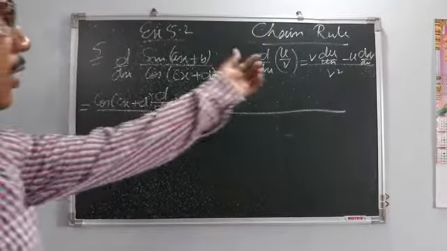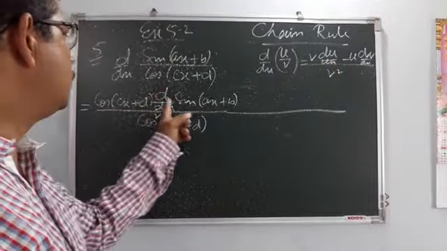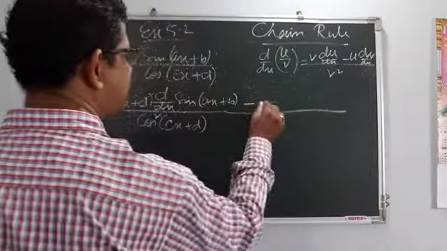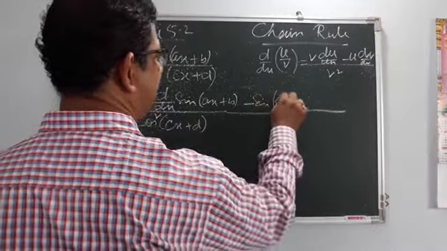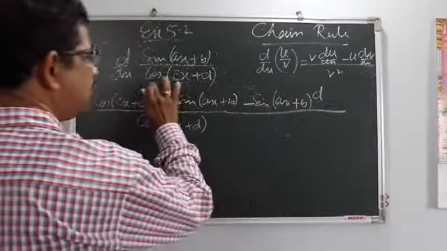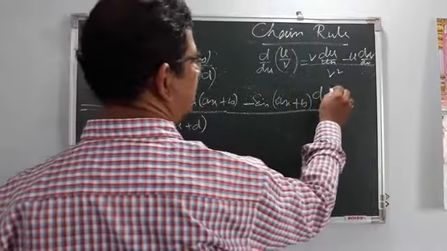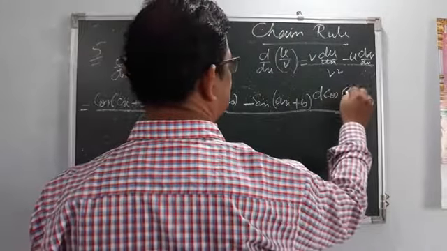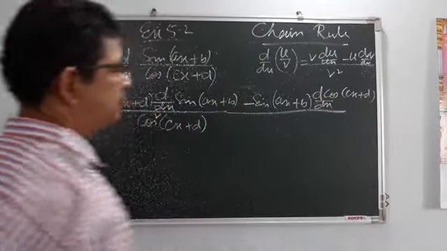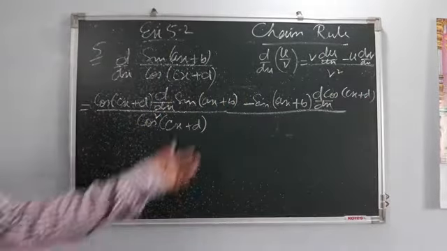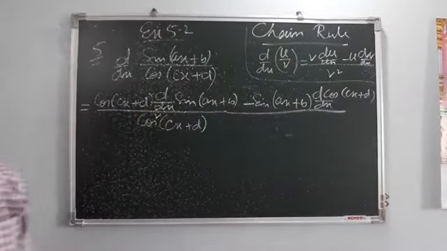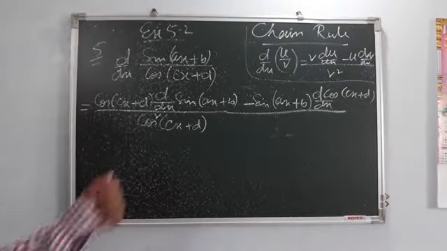So what we have written is v into du/dx minus u, that is sin(ax+b), into the differentiation of v, d/dx of cos(cx+d) with respect to x. Here it is u by v form, so we have used this formula.